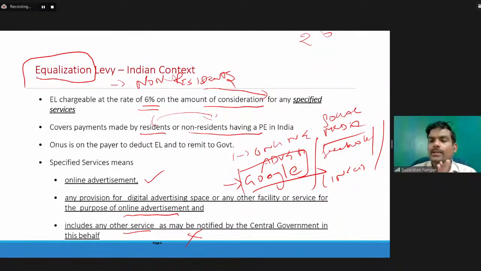by the fraternity. So Equalization Levy 1.0 is on online advertisement services by non-residents. Any non-resident providing online advertisement service to a resident, then the resident has to discharge 6% as equalization levy. The reason for introducing equalization levy is that these tech companies were avoiding taxation in India because they never had any nexus in India.